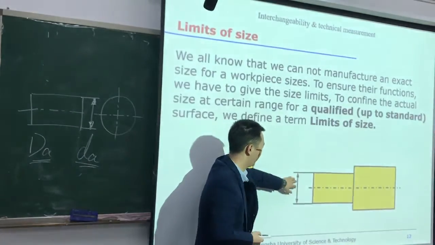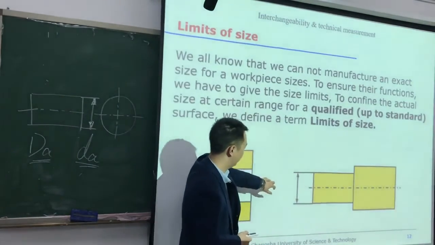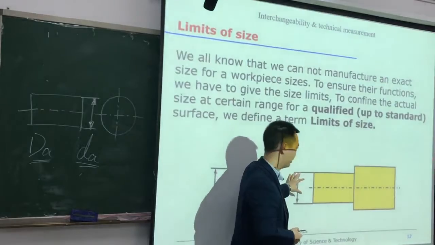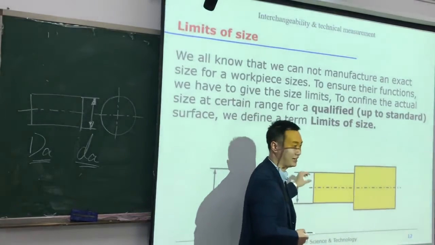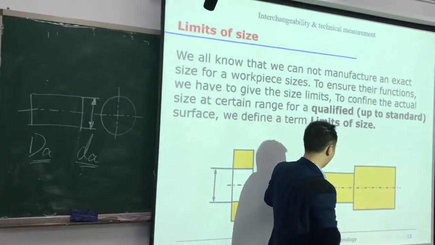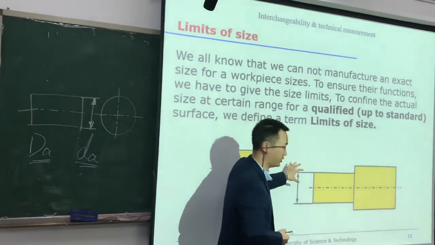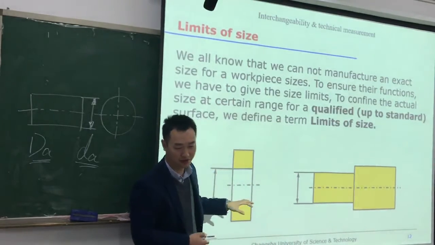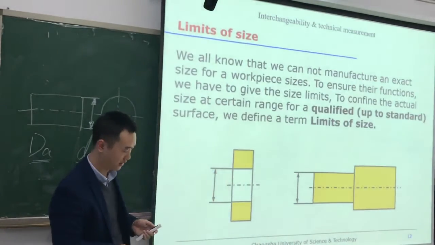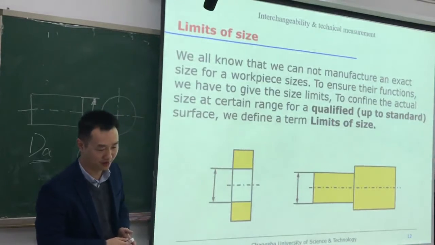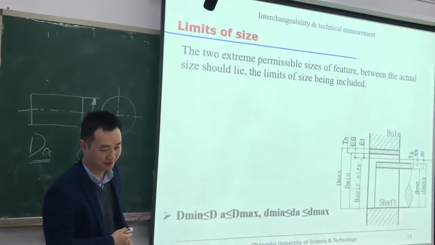Because if we give a basic size, we cannot manufacture the exact size we wanted. So we set limits for them.